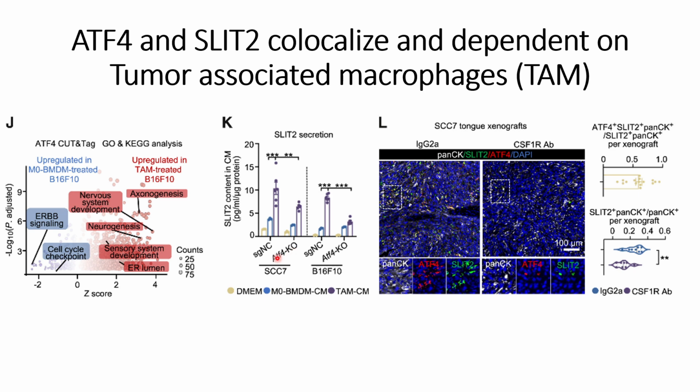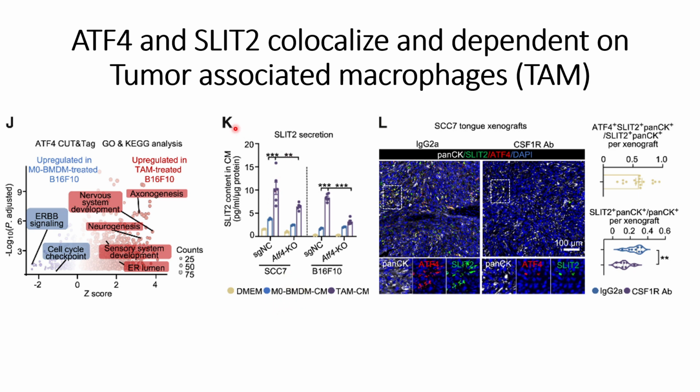They were able to find out that the SLIT2 content is ATF4 dependent in both SCC7 and B16F10, and also dependent on the tumor associated macrophages conditioned media. Only in these conditions did they see enhanced SLIT2 content in the conditioned media compared to the case where the cells are treated with M0 phase bone marrow derived macrophages.